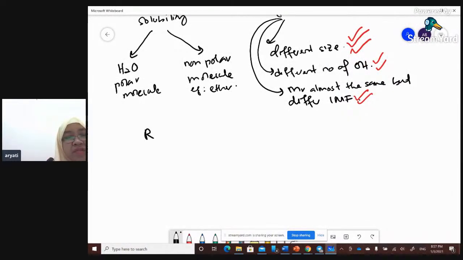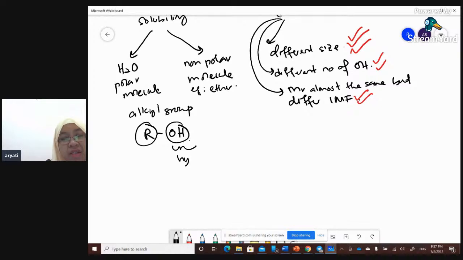So example of alcohol are ROH. So R is an alkyl group, such as methyl, ethyl, propyl, cyclohexyl and so on. So OH ini ialah kawasan hydrophilic area.